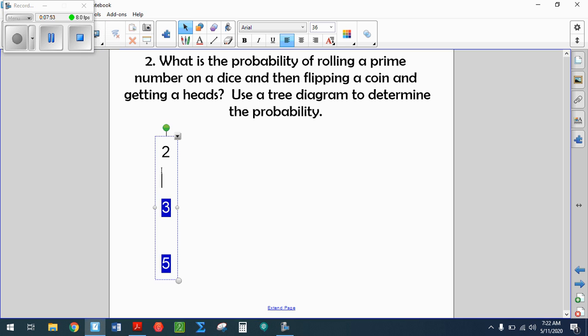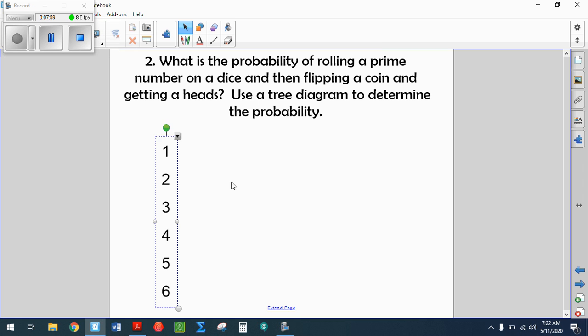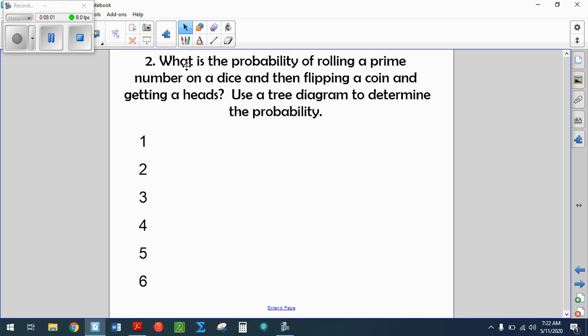Those are the ones I want, but I have to account for all of them. So 1, 2, 3, 4, 5, 6. And then when I roll a dice, I have those 6 options. When I flip a coin, I have a heads or tails.